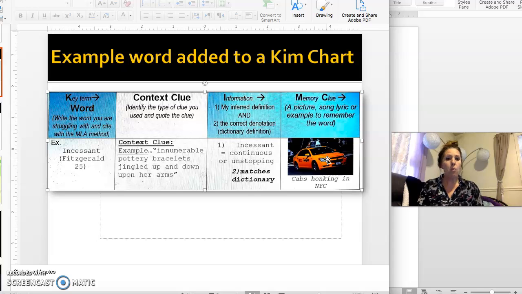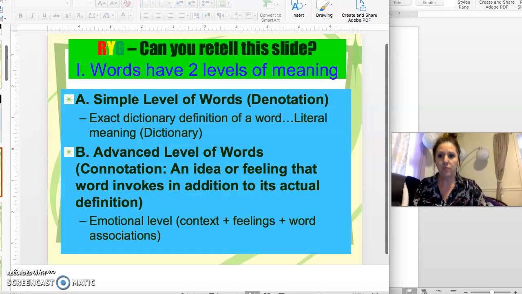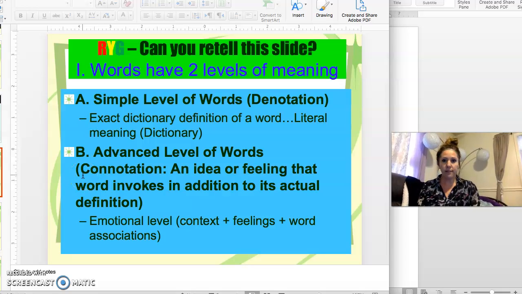So what about when we want to go to the more advanced level of word? Because that's the simple level of a word. So let's now think about that second level. And the second level is what I call the advanced level. It's when we think about a word's connotation and the feeling that it evokes in us when we hear that word.